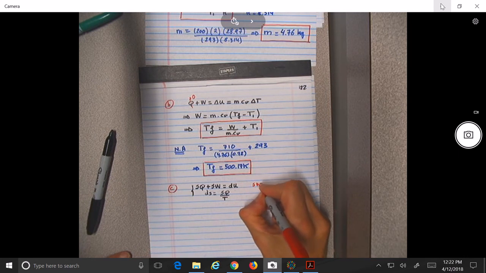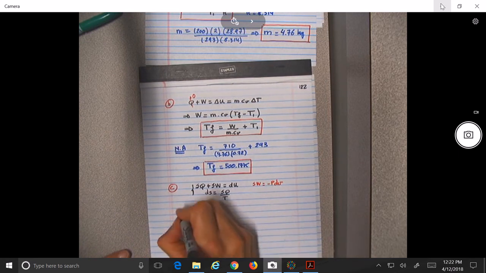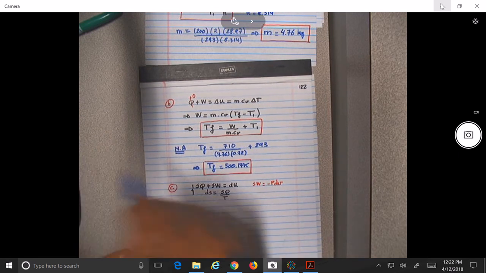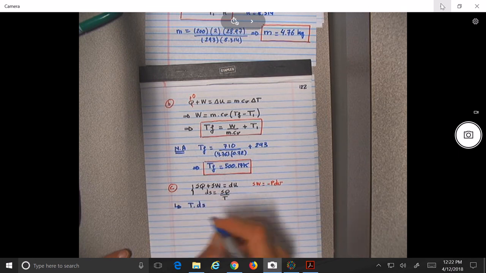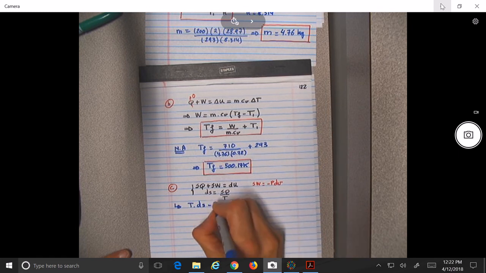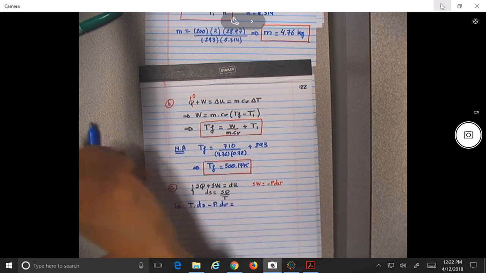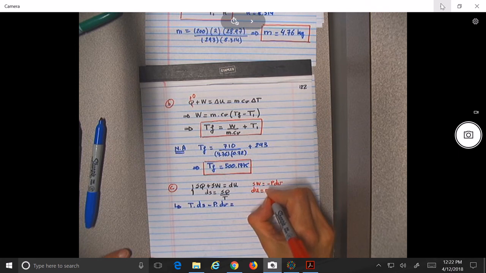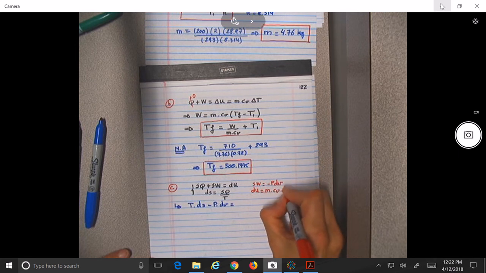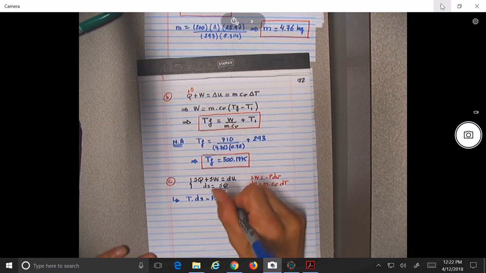We know that delta W is equal to minus PdV. So what do I get if I substitute all those terms? We get TdS minus PdV equal to what? What will be dU? mCV dT, same as before.